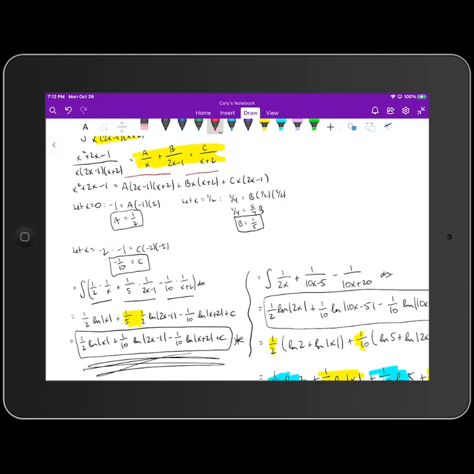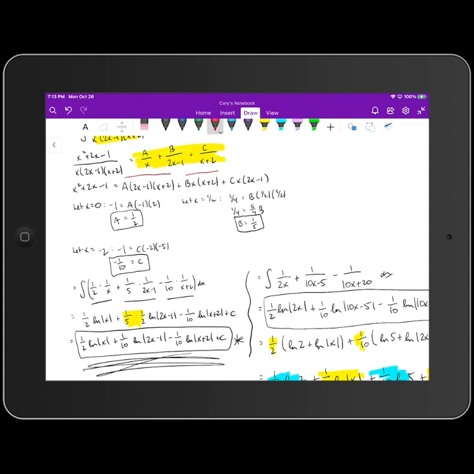That's going to wind up being 1/2 the natural log of the absolute value of 2x minus 1, which is the same as dividing by 2 or multiplying by 1/2. And then we pull negative 1/10 out front, and the antiderivative of 1 over x plus 2 is the natural log of the absolute value of x plus 2. The last thing I did was multiply 1/5 times 1/2, what I highlighted, and that becomes 1/10. So that's my first antiderivative, and that's how I would recommend working the problem out.